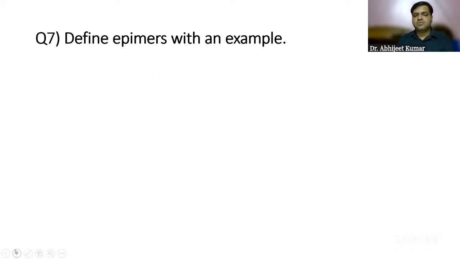Epimers. Now coming on to the epimers, guys, and you are already aware of the epimers. Epimers are basically isomerism at a single carbon atom, other than the functional and penultimate.